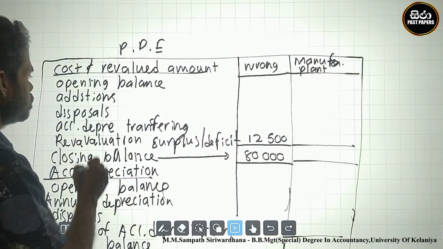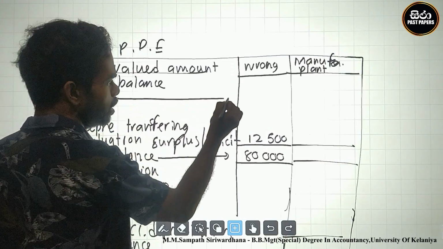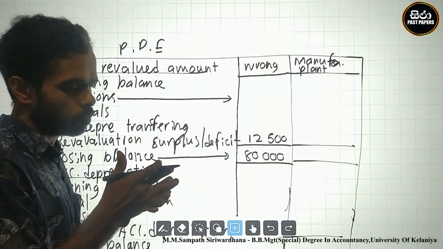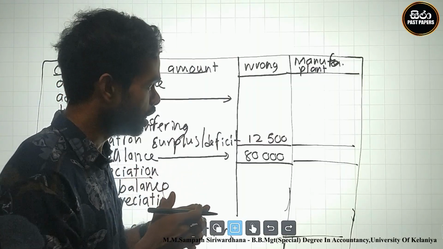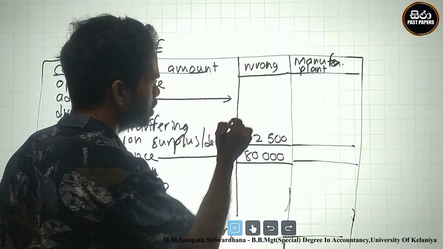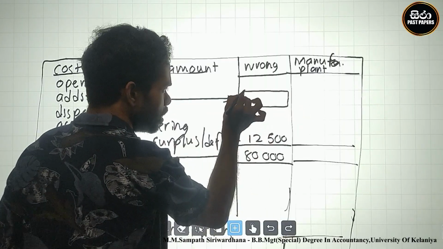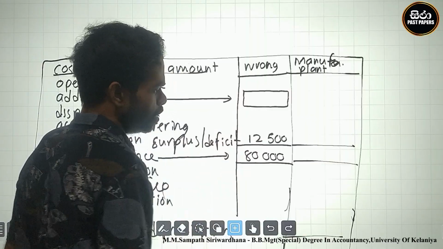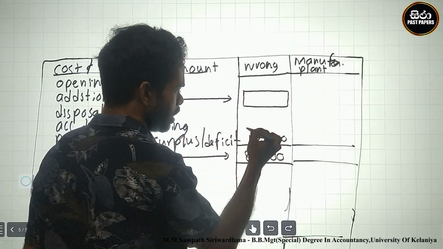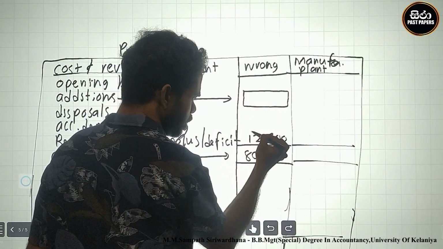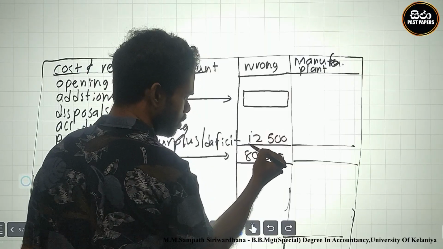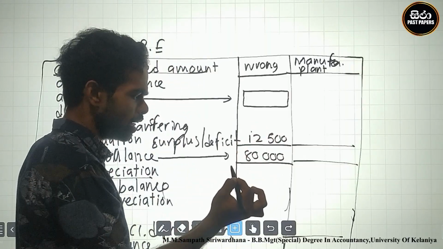What is the cost? Cost means additions. Why? They acquired it on 1st of April 2024. At this time, what is the gap between this value and cost? This is the cost, no? Cost and revalued amount, what is the gap? After the addition of 12,500, what is the answer? 80,000. Okay, 80,000.